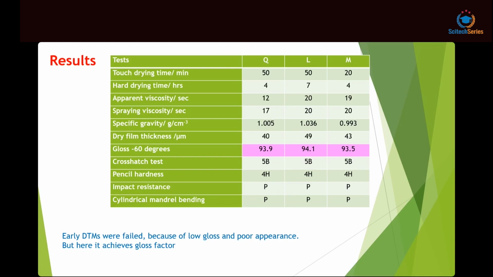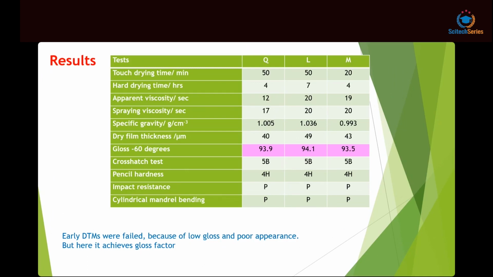Normally most of the market available biologically modified ones and the market available crude oil based PU systems have equal properties according to these values. Here, touch drying time, right?